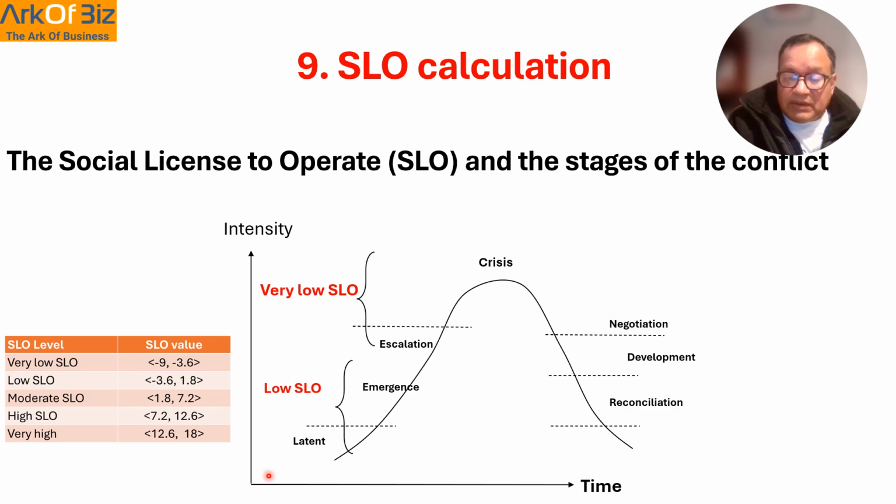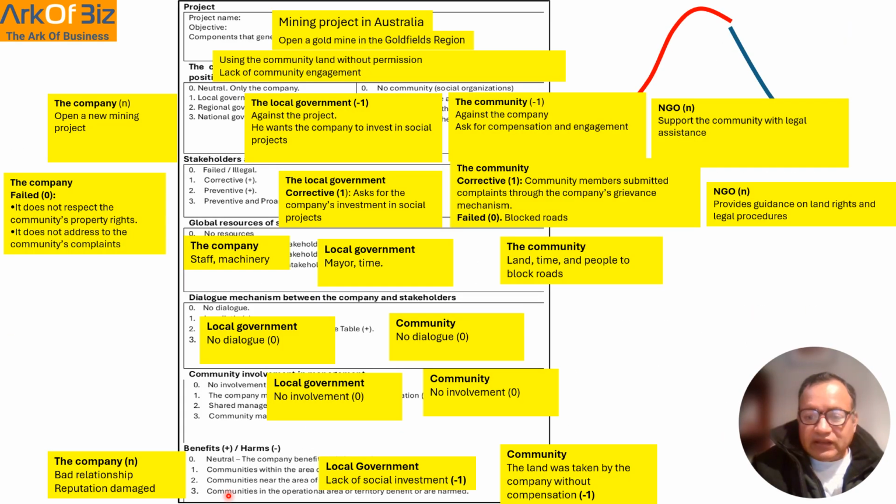Then they have a moderate SLO when they negotiate and reach agreements, but they have a better SLO, high SLO, when they implement the agreements, and the best scenario happens when they are in the reconciliation stage. This is very high SLO, right? Okay, let's go back to our case study.